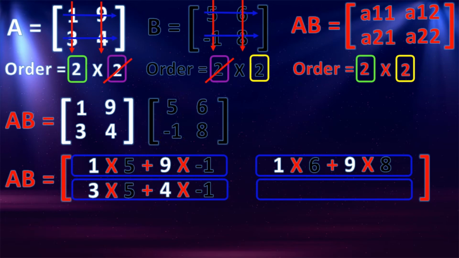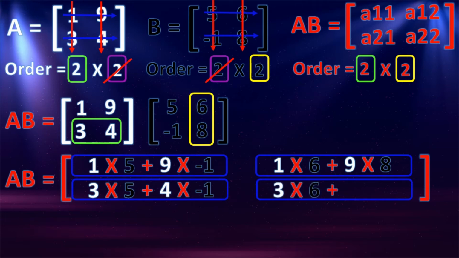Now the last element will be A22, second row, second column. Students, multiply first by first, 3 into 6, plus second by second, 4 into 8. Correct? Now let's simplify these elements.